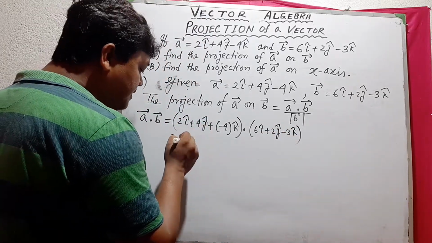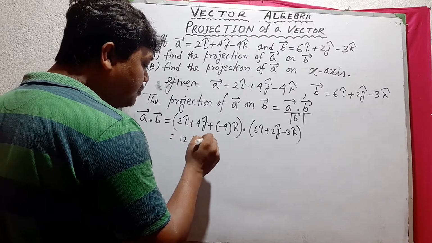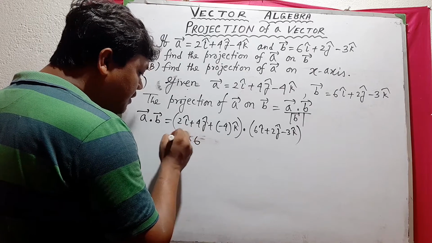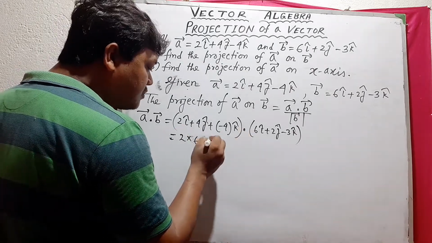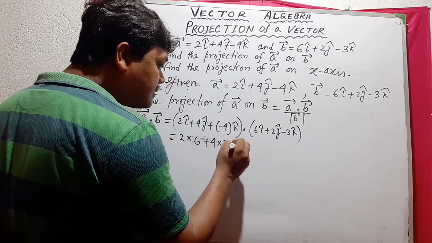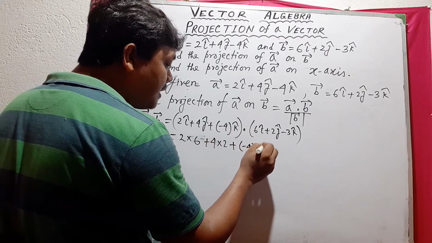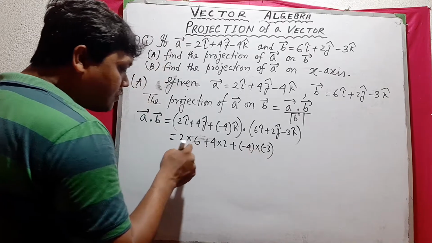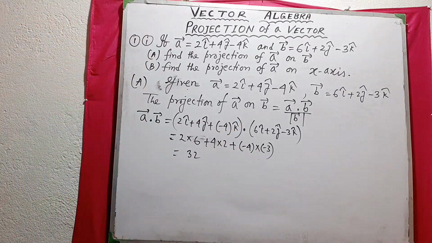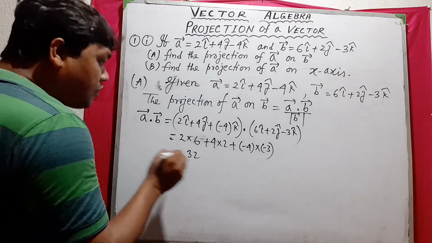So 2 into 6, that is 12, 4 into 2, that is 8, plus minus 4 into minus 3, that is 12. So after the calculation, that is 32. Am I right? And what is mod b?